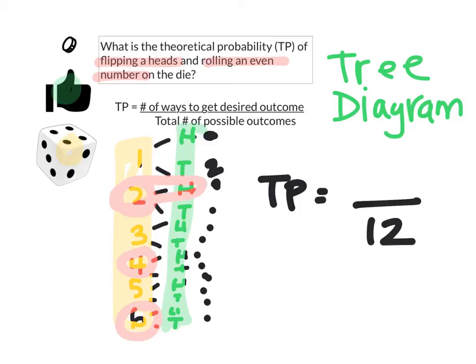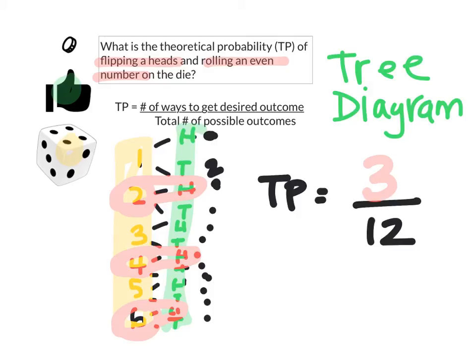That would be a desired outcome. 4 and heads would be a desired outcome. 6 and heads would be a desired outcome. So in total, there are 3 possible ways that I could roll the die and get an even number, and then flip the coin and it landing on heads. So my theoretical probability is 3 out of 12.